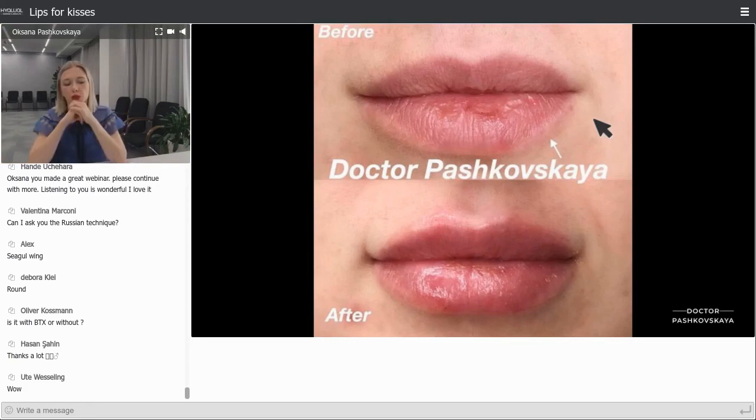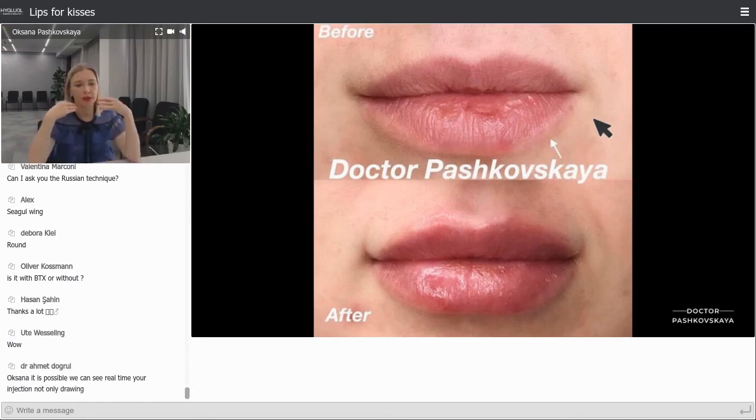And you know, colleagues, also when your patient comes to you and has some filler in her lips, she could not mention what filler she had been injected with, but you know that something is still there.